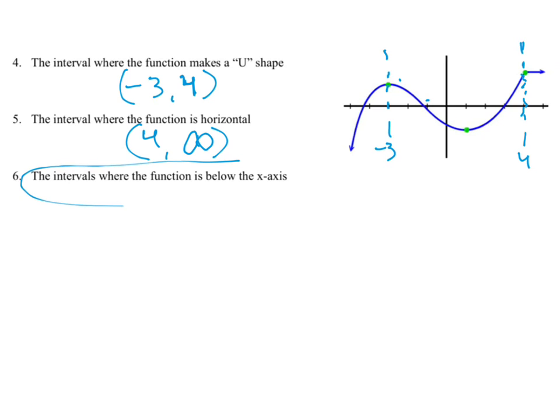And then problem 6 here, the intervals, plural, where the function is below the x-axis. So here's my x-axis. Well, I got this section here that's below, and then I got this section here on the left that's below. And so we're going to kind of draw a vertical line here. This is not at a nice tick mark, and so we're going to do a little bit of guessing there.